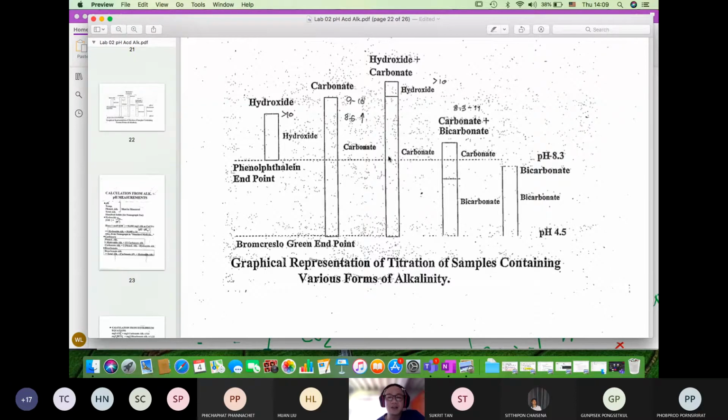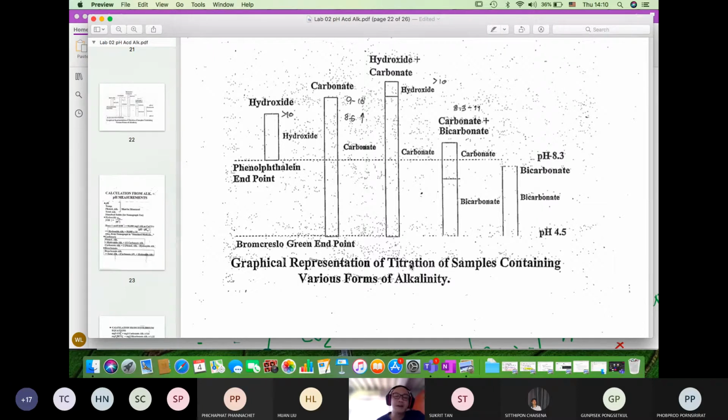But if the pH goes even higher than 10, the alkalinity may be caused by the hydroxide ion, like this. So basically, the alkalinity can be caused by many types of ions, but different types of ions give different pH ranges to the sample. Okay, so this is very important information.